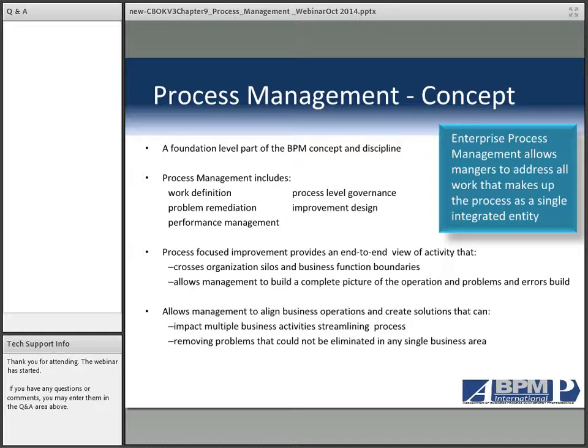Now, the place to start in moving to this matrix, in this overlaid environment, really is where we look at what that process really is. We need to understand it. We need to understand its problems. We need to understand support. And we need to understand the holes in that support and how it all comes together. That allows us to, first of all, identify all of the business units that contribute to the process.